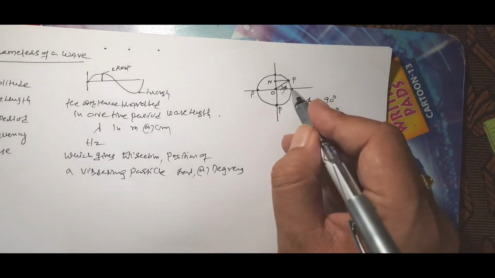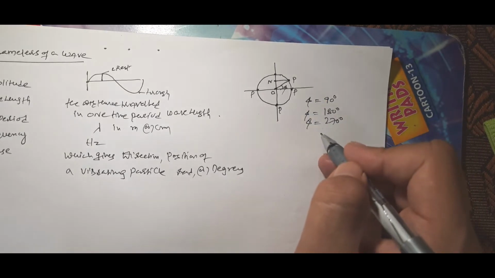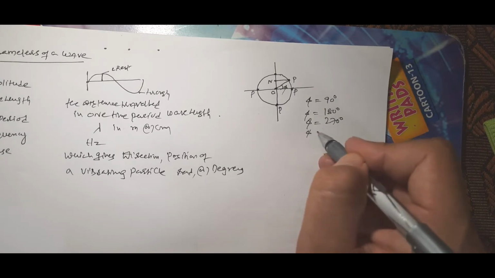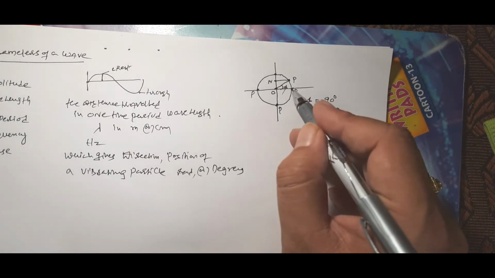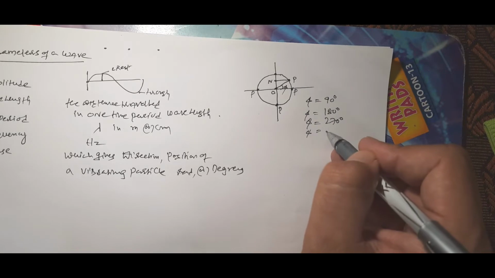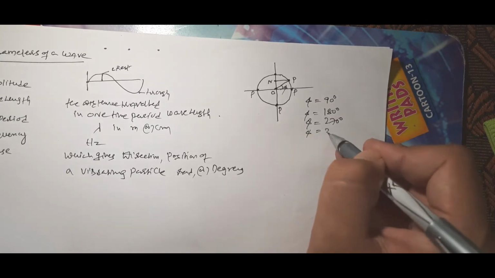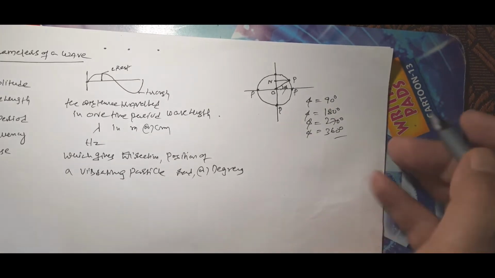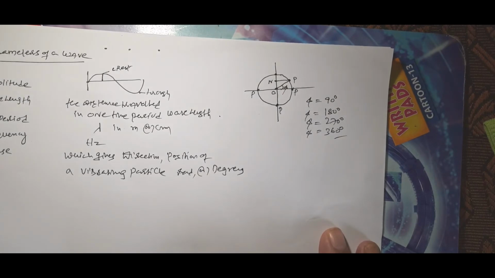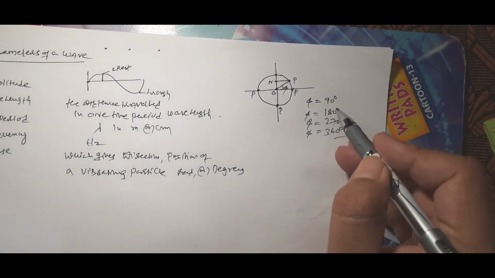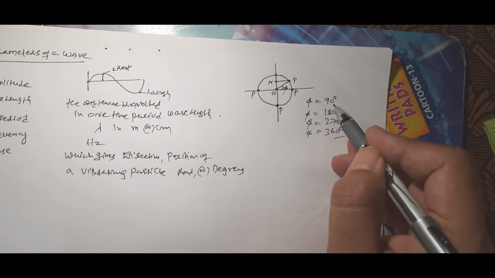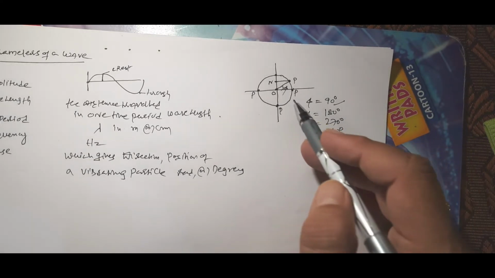If P completes one rotation, the projection N is again at the mean position, and the phase is 360 degrees.